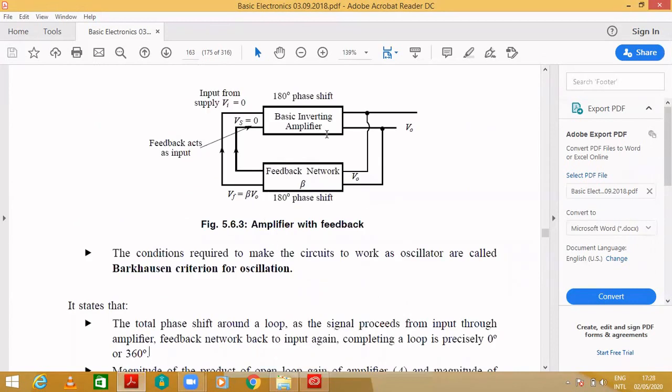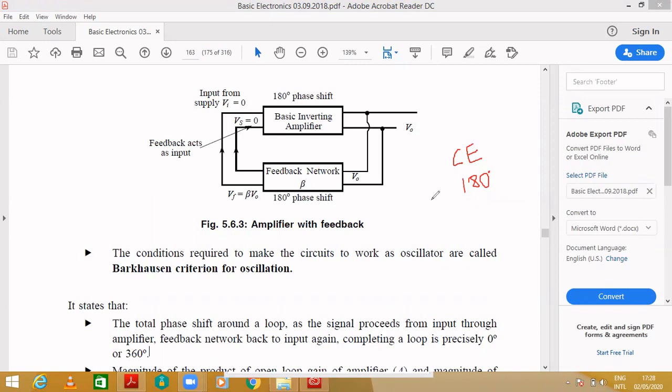Now you can see the amplifier with feedback, the basic inverting amplifier, which I already showed. Suppose you are using a CE amplifier, the phase shift will be how much? It will be a 180-degree phase shift.